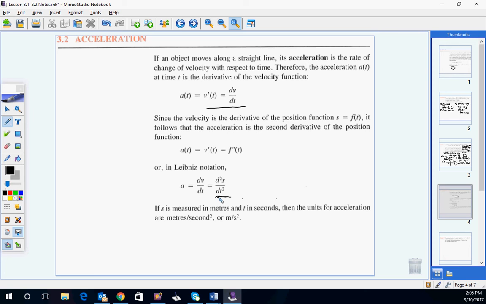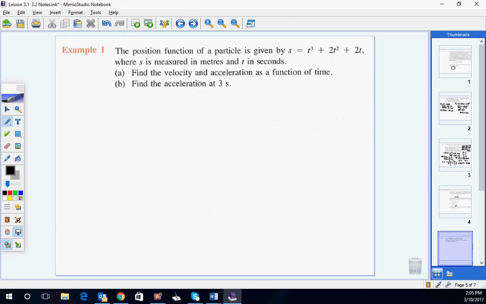Okay, so let's go ahead and do the first example. It says the position of a particle is given by s equals t cubed plus 2t squared plus 2t, where s is measured in meters and t in seconds. Find the velocity and acceleration as a function of time, which means they have t's in them, which they will. So velocity we know is going to be s prime. So s prime is going to be 3t squared plus 4t plus 2 equals velocity.